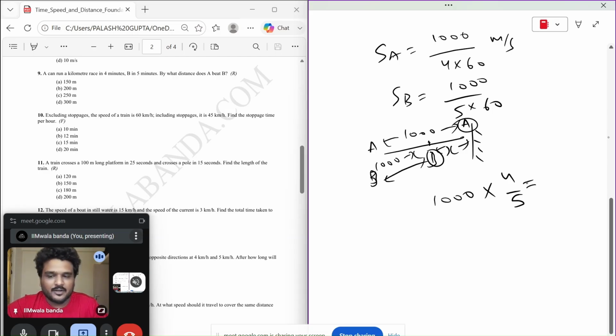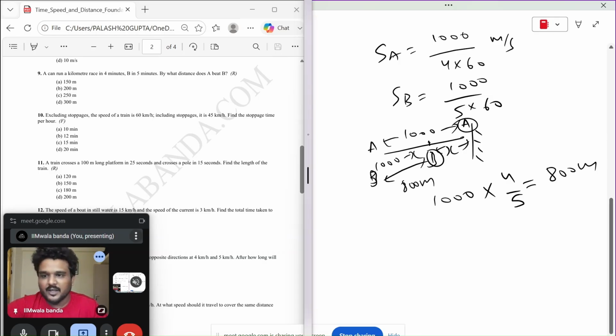It's like common logic that if you have to reduce the number, it has to be less than 1. Because time taken by A is 4, and time taken by B is 5, to find the distance covered I have to multiply it by 4 by 5, which is 800 meters. So I know that B would have covered 800 meters by that time, and 200 meters should be the answer.